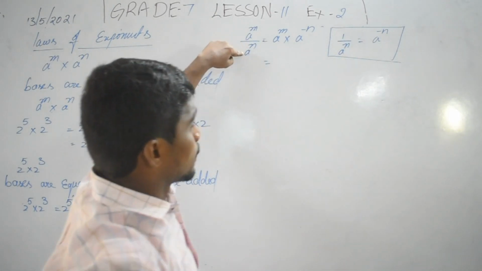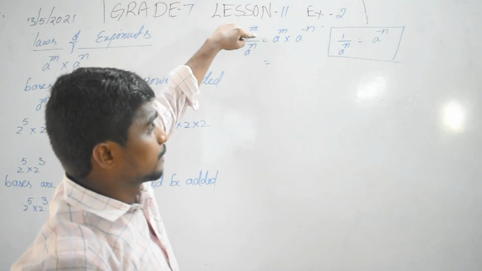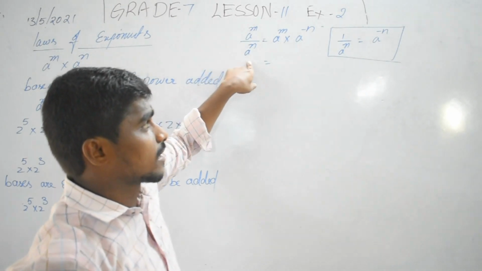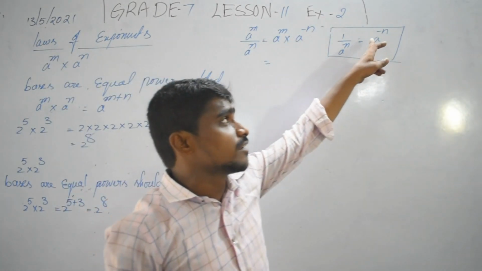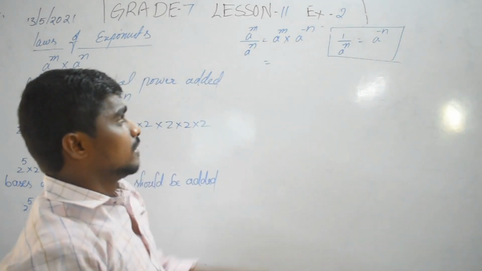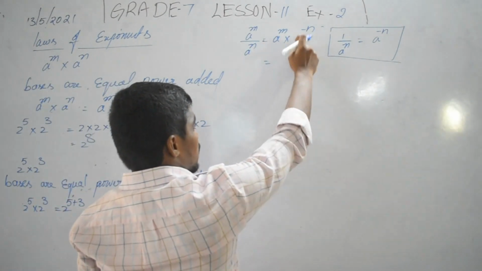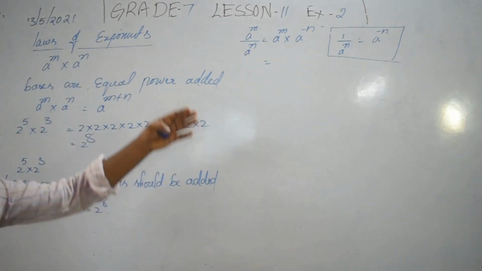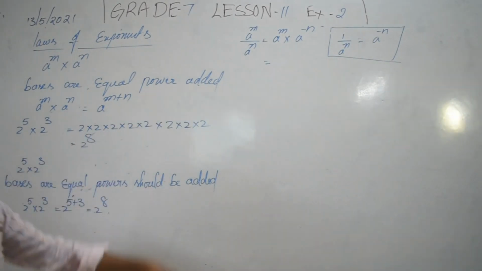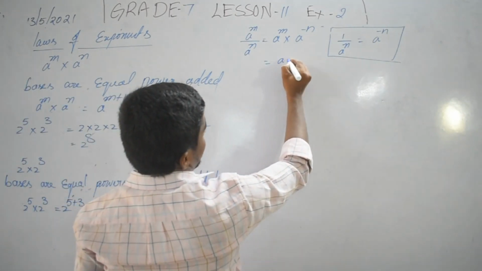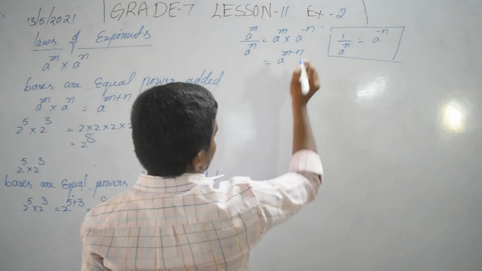Here a power m cross 1 by a power n, and 1 by a power n has the value a power minus n. So the bases are equal. If the powers have a plus symbol, add; if a minus symbol is given, subtract. So it is a power m minus n.